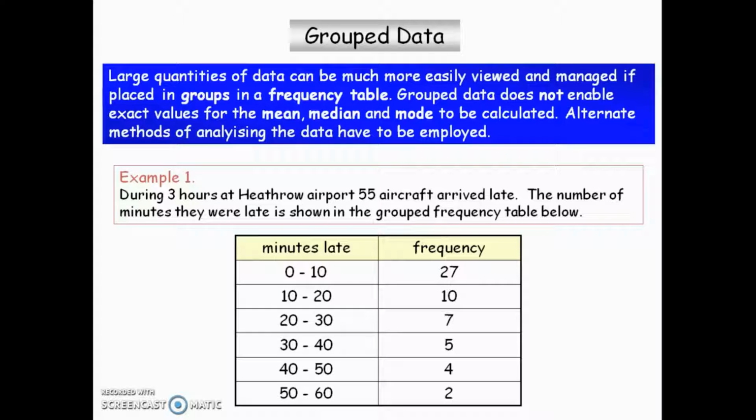Now this is the data which is given. 27 aircraft are late for 0 to 10 minutes. There are 10 aircraft which are late by 10 to 20 minutes. In this way, we have grouped the data into 6 class intervals of 10 minutes of late arrival time in this data set.